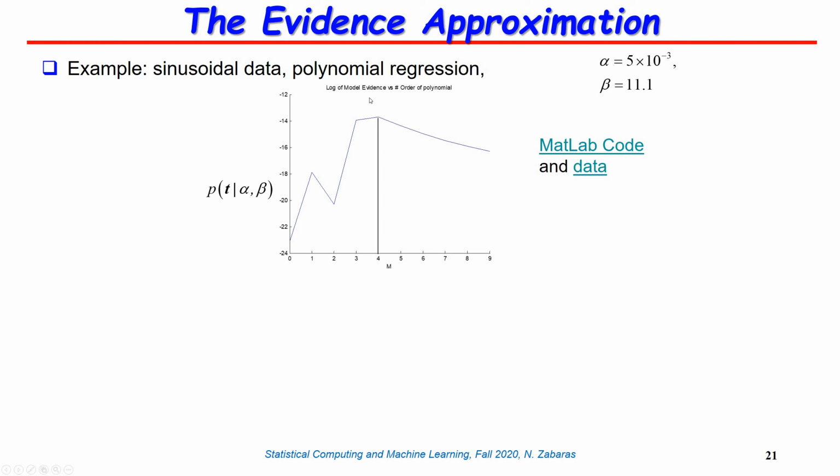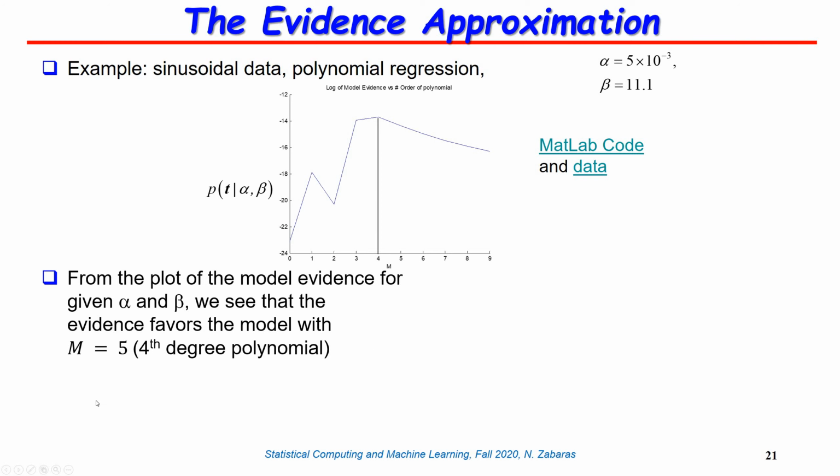So when you compute your marginal likelihood for different orders M, it turns out that M equal to 5, so a fourth order degree polynomial, will be the optimal polynomial that fits the particular data set that we review. Actually, this is the same sinusoidal data set that we saw in our previous lecture.